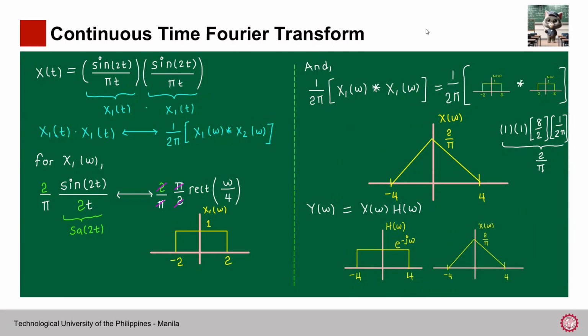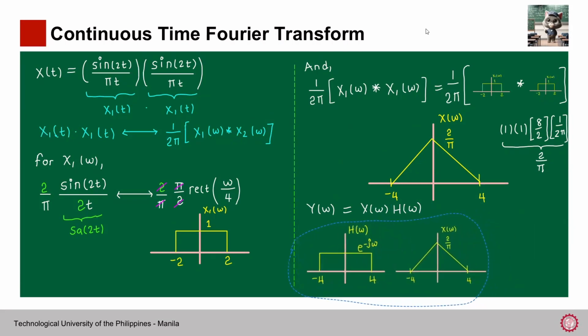So multiply nyo lang guys. Now, since this is a triangle, bali pares naman sila ng duration, from -4 to 4. So what will be the result of this if you multiply the rectangle by a triangle? Okay? So the result would be what?